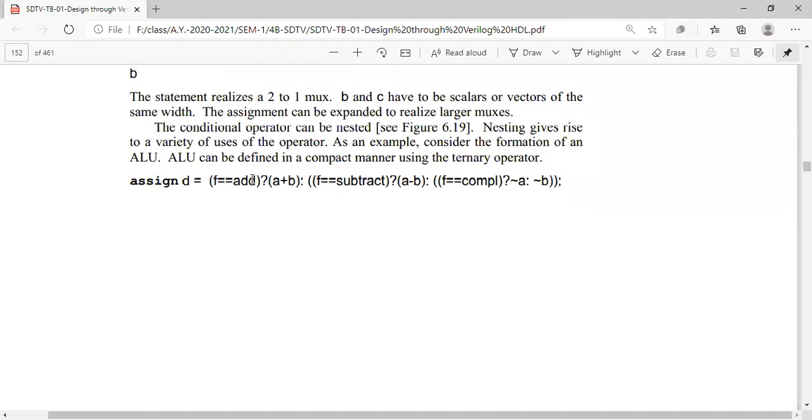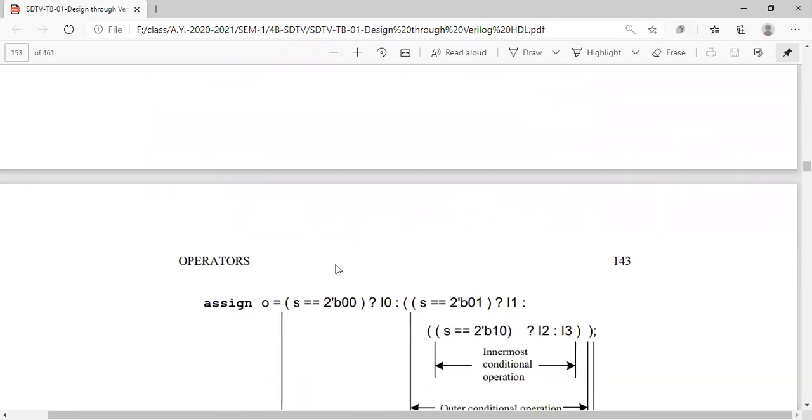If F is add, it will perform arithmetic addition between A and B bits. If F is subtract, it will perform subtraction. And if F is complement, then it is going to perform the complement of A and the complement of B, right?